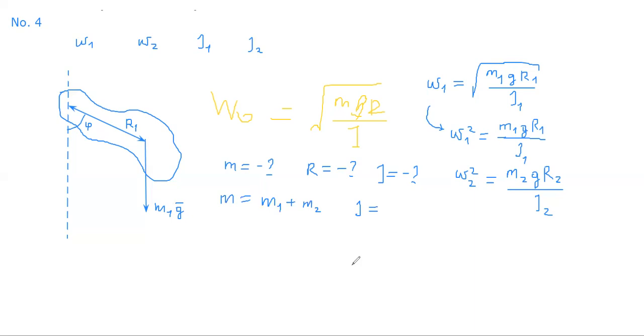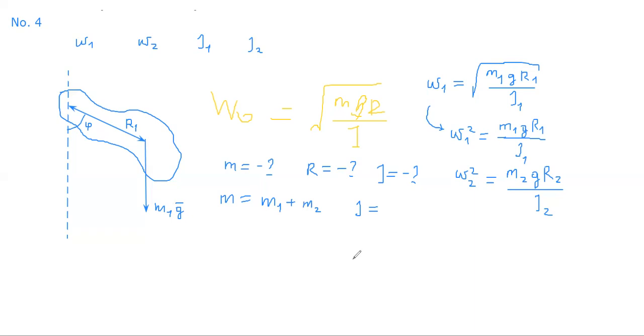Moment of inertia is also an additive value. The situation is similar to the situation with mass. And the axis of rotation wasn't changed.